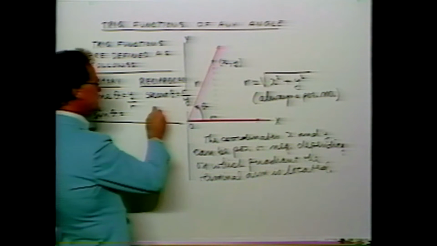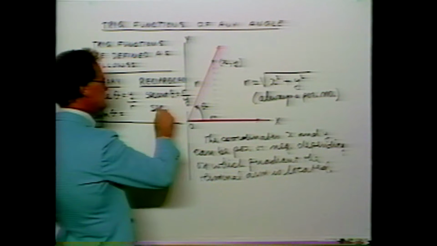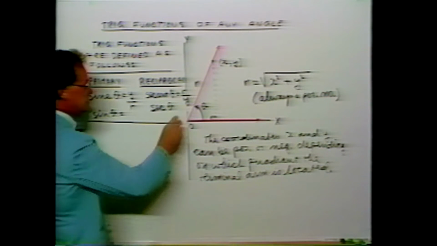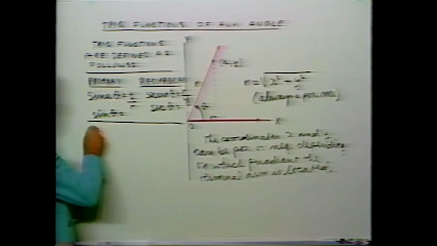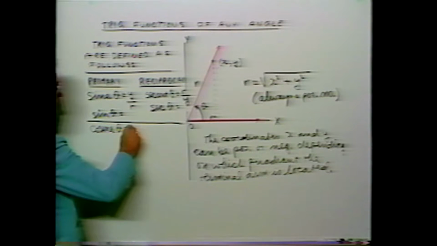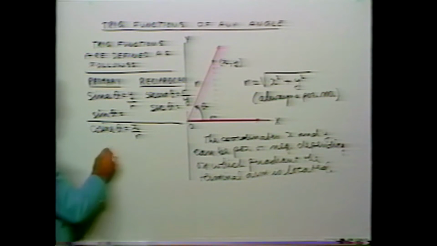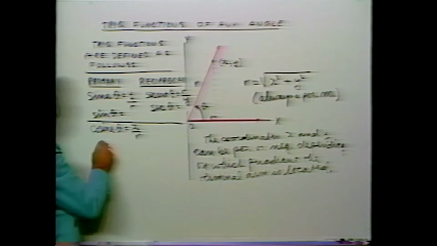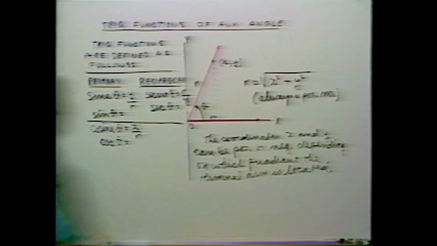The short form, which we always use, is csc theta. The next primary ratio is the cosine. Cosine theta is equal to x over r. The short form for cosine is cos theta, and that's the one we always use.